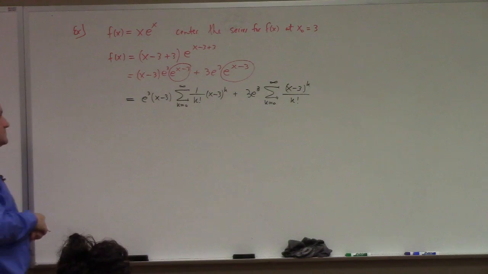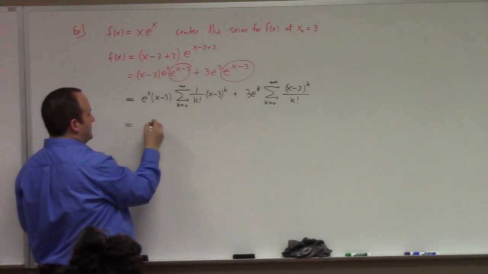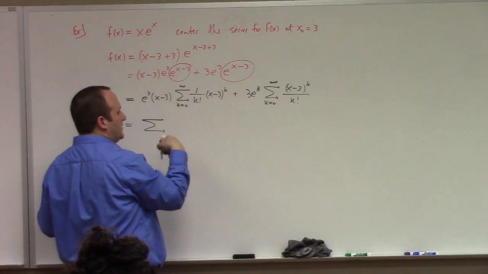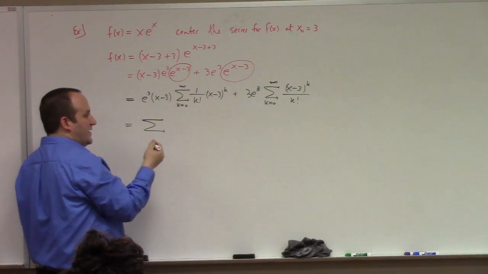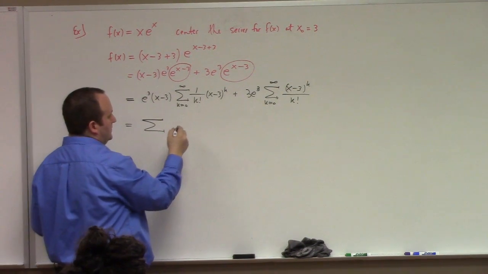Then what do we do? Bring stuff inside. There's an e to the 3 everywhere. I guess I could factor it all the way out, but I'll leave it in.